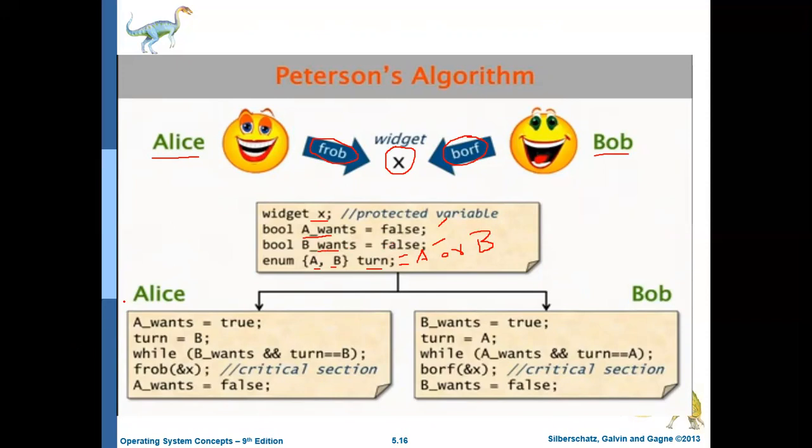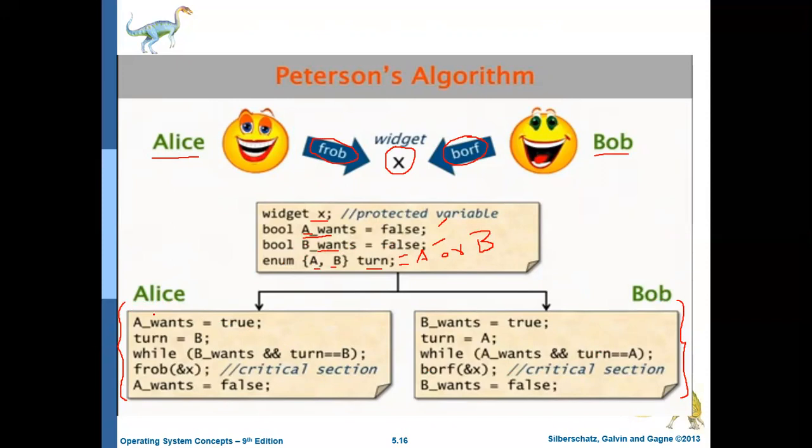Now this is the Alice code for process synchronization, and this is Bob's code for process synchronization to ensure data consistency. Here A represents Alice and B represents Bob.